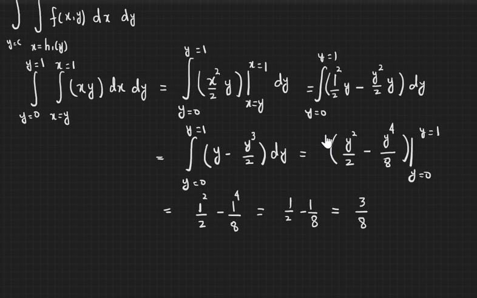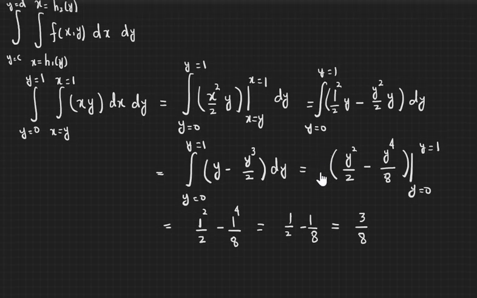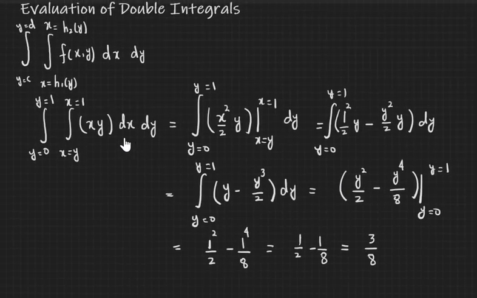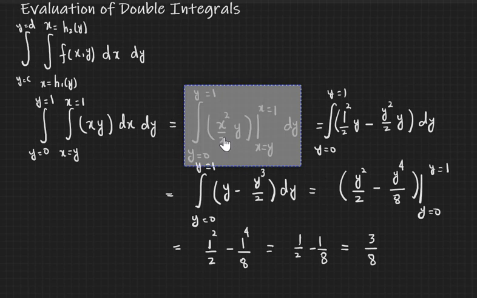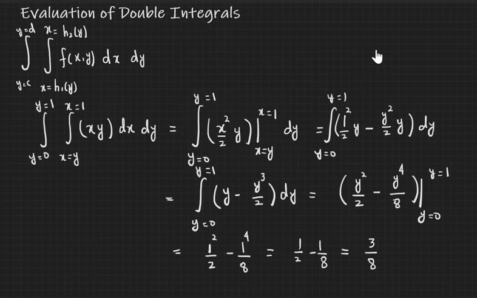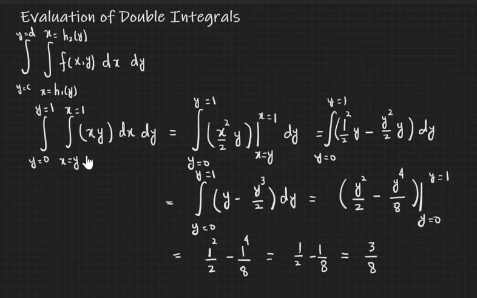That is the answer of the integration of the function xy with respect to x from x equals to y to x equals to 1, and then with respect to y from y equals to 0 to y equals to 1.